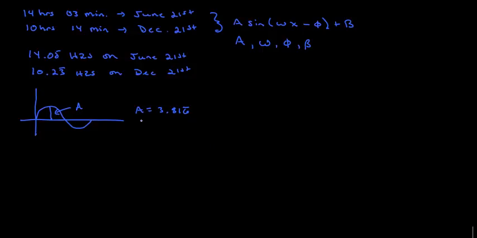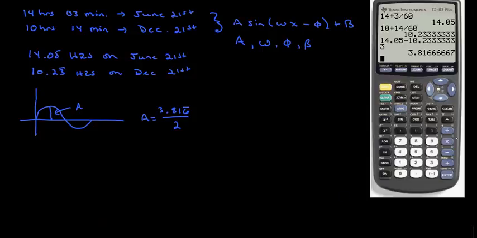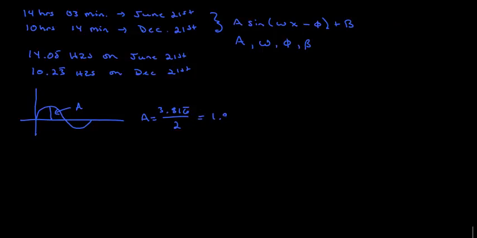That's the difference between the values. So we need to take that value and divide it by 2, and that'll be the amplitude. So 1.908. Okay, just like that.